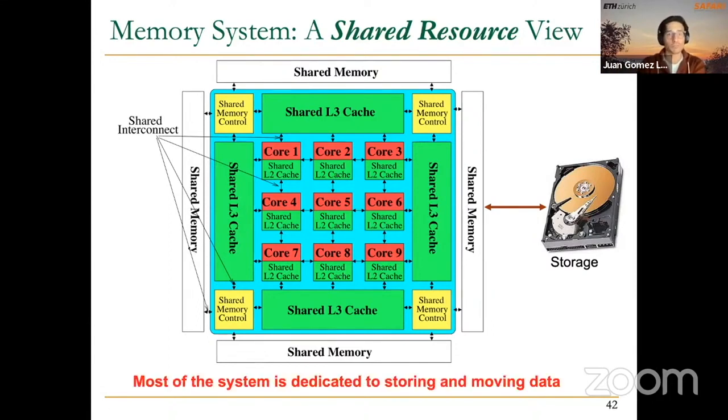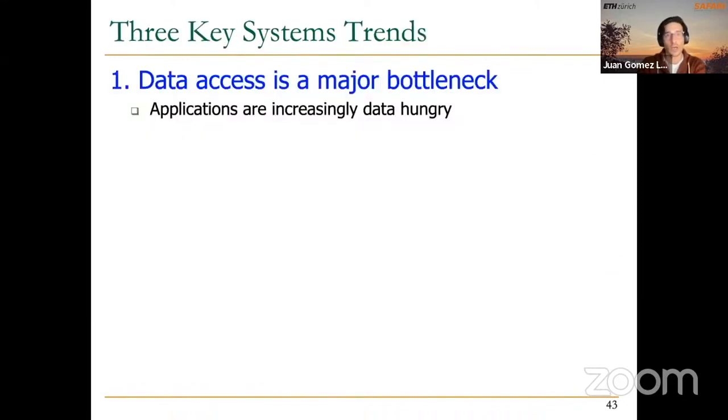Here you have this picture where you can identify the cores, the red ones, but then there are a lot of green and yellow blocks that are either memory caches like this L2 cache or L3 cache, but we also have shared memory controllers to access an external off-chip memory. So even though a lot of the space in computing systems is devoted to memory, we have a big issue with the access to the data residing in this memory and this storage.